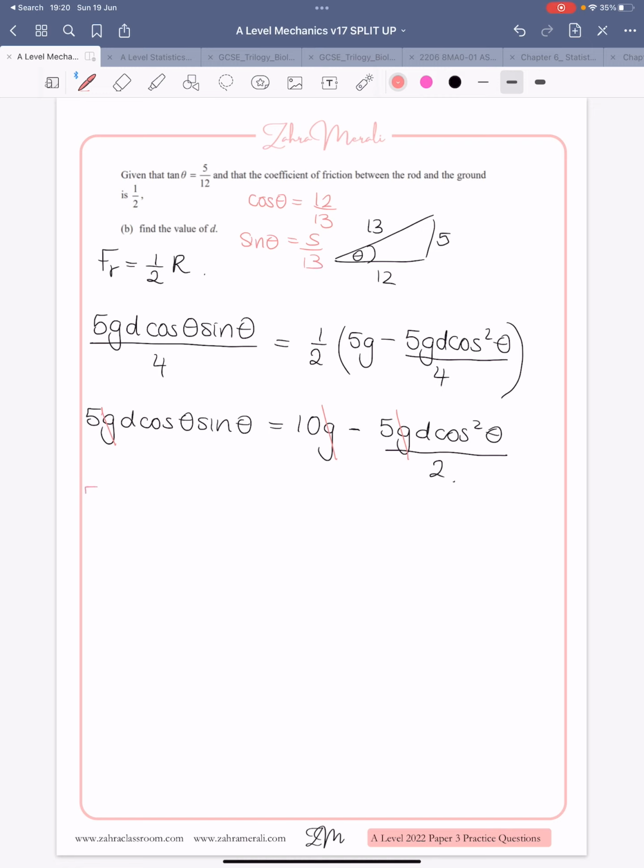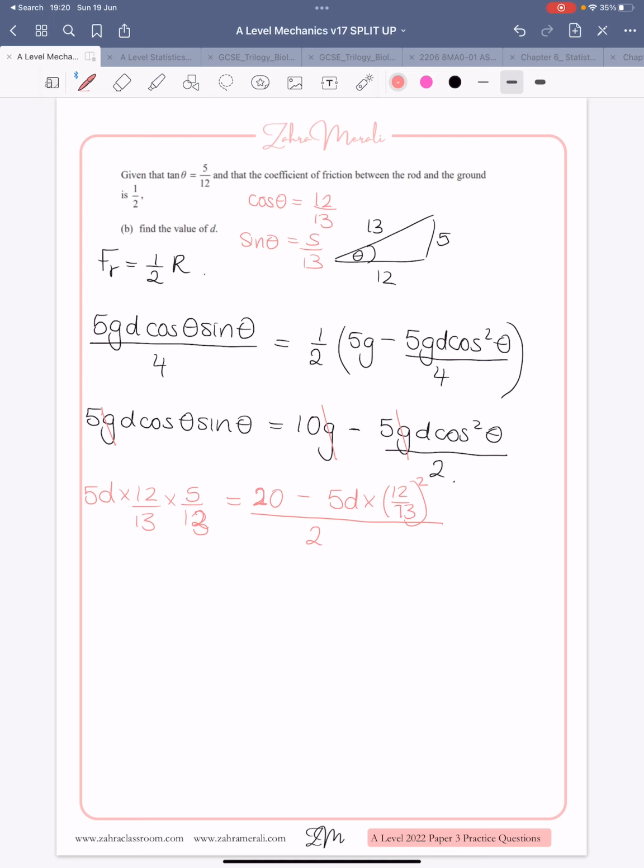So I get 5D times 12 over 13 times 5 over 13 equals 10 minus 5. Actually, we can put that all as one fraction, so make that 20 times 5D times 12 over 13 squared.